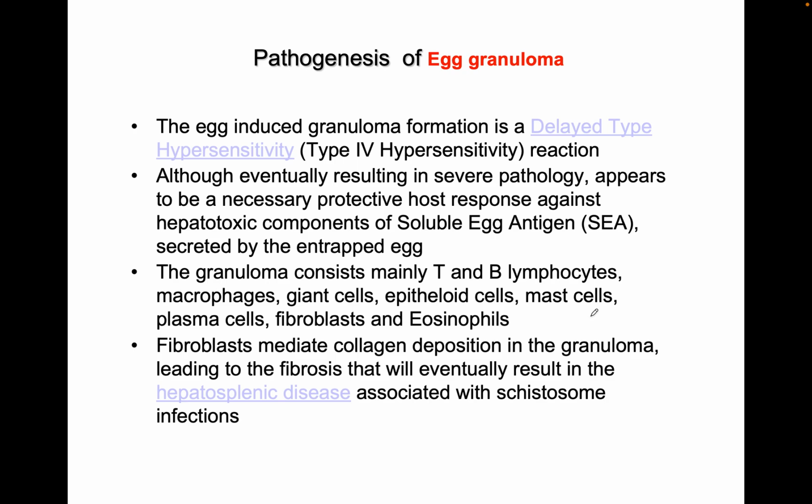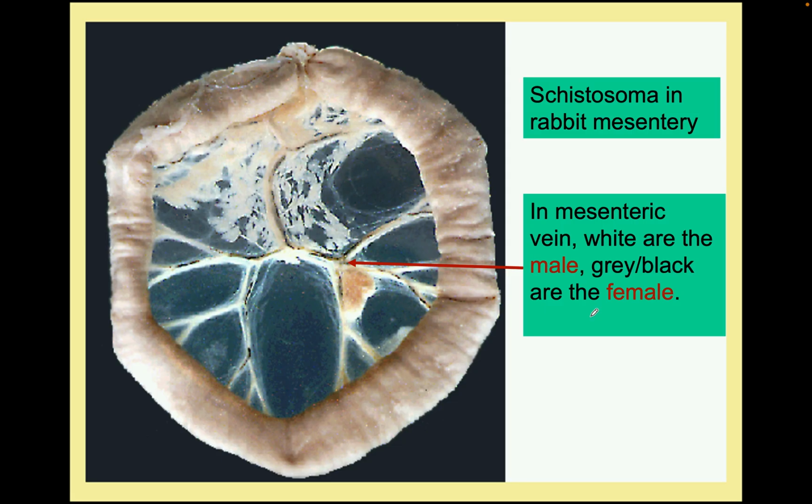So this is the positive part played by these reactions. And then there are fibroblasts. They can mediate the collagen deposition in the granuloma, leading to fibrosis, and this will eventually result in the hepatosplenic disease associated with schistosome infection, and this is a downside of the egg granuloma.